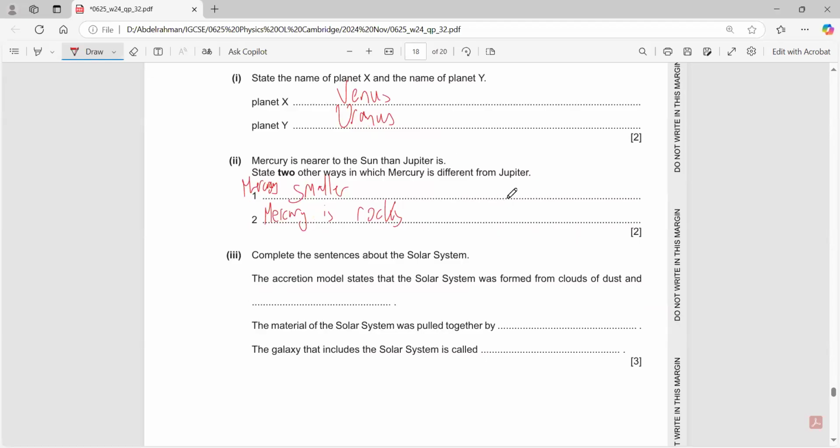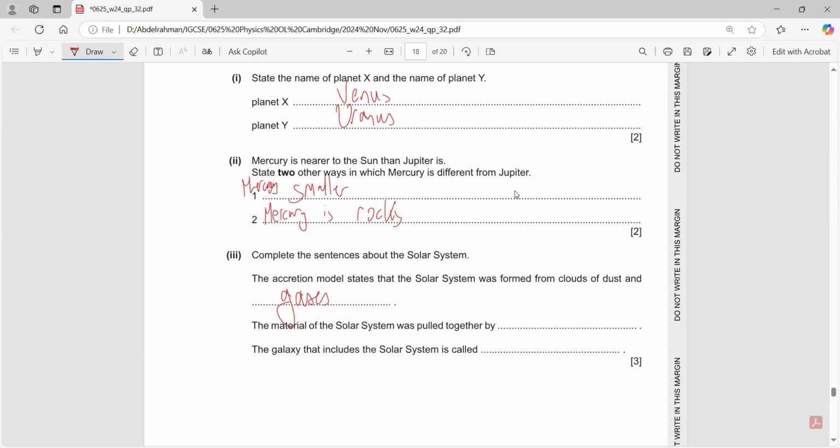The accretion model states that the solar system was formed from clouds of dust and what? Clouds of dust and gases, which contained a lot of hydrogen, yes. The material of the solar system was pulled together.